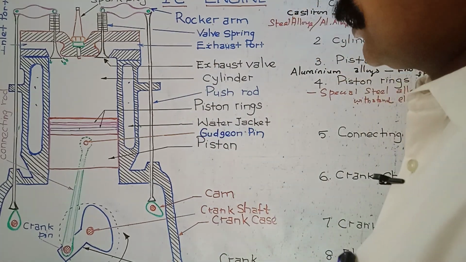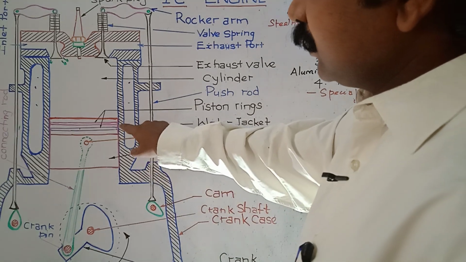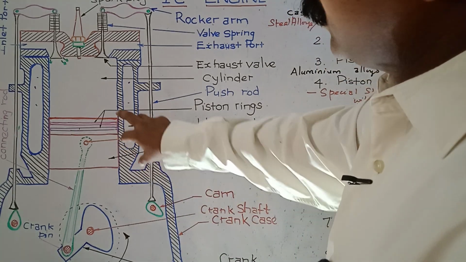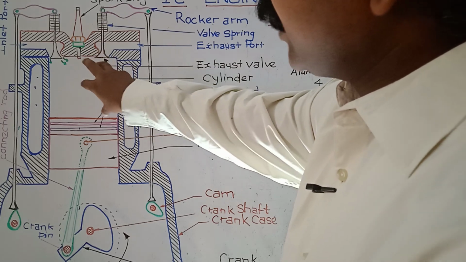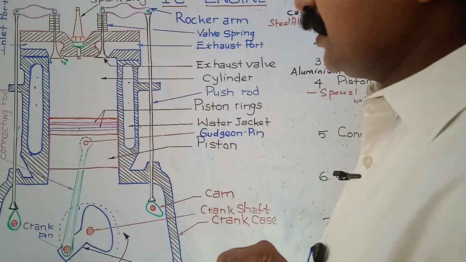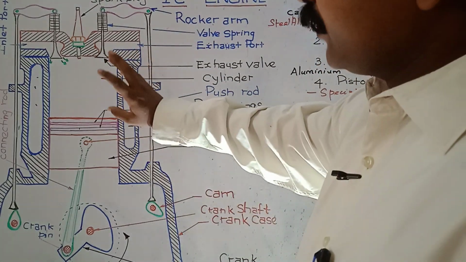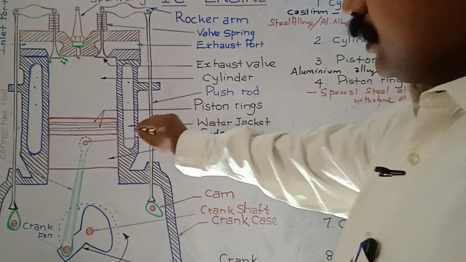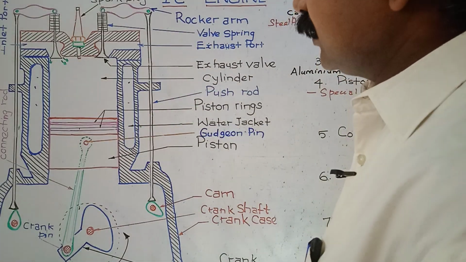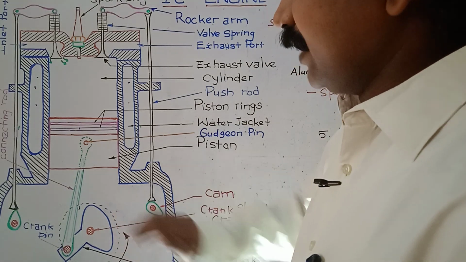The upper ring provides airtight sealing to avoid leakage of the air and fuel mixture in the petrol engine and air in the diesel engine, and of burnt gases. The lower ring provides airtight sealing to avoid leakage of lubrication oil into the crankcase.